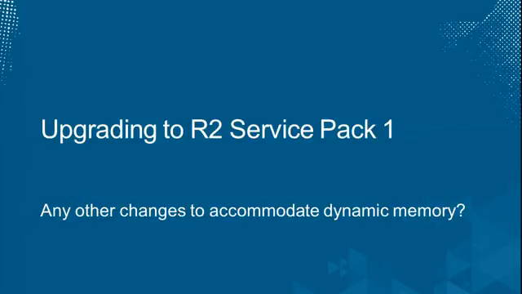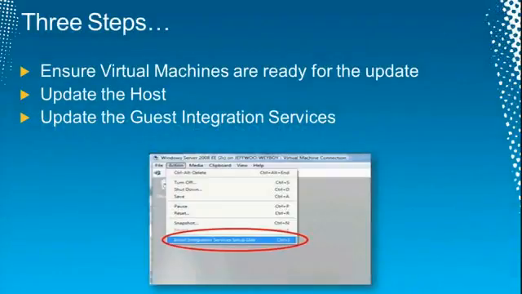Upgrading to R2 Service Pack 1, are there any special considerations? Are there any things that you need to think about before you start upgrading? It is relatively simple. The first thing you really need to do is update the host. Install Service Pack 1. This will require a reboot of the host. Your virtual machines usually are set to go into a save state upon reboot.